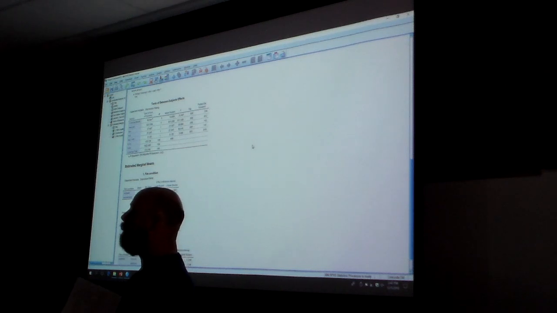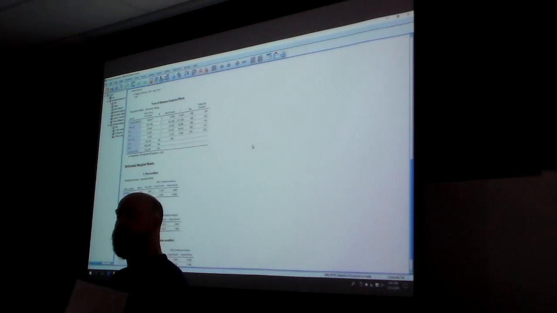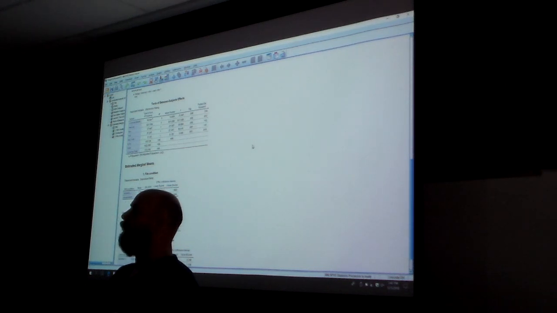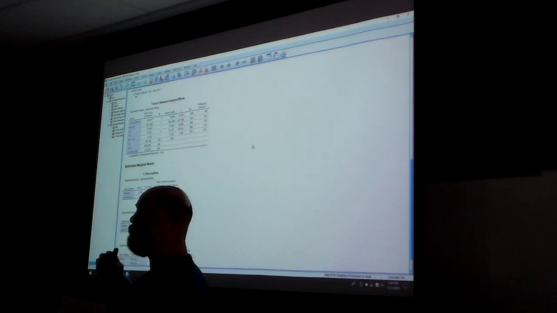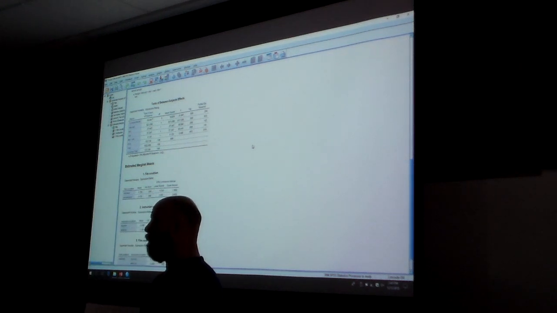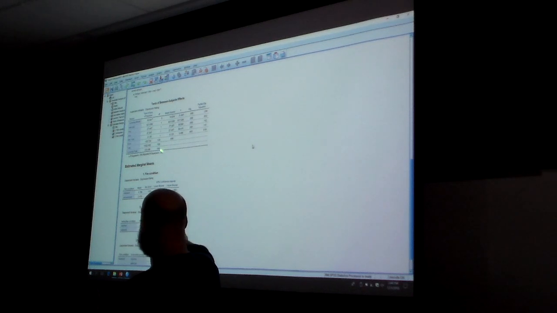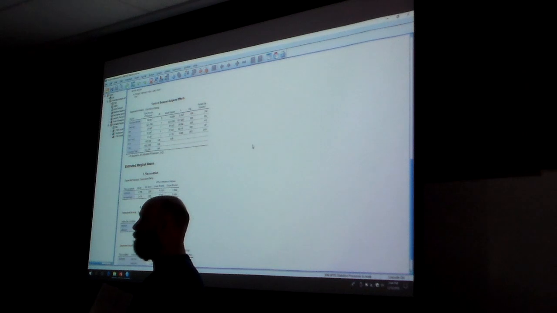SPSS is giving you some additional information that can be important for calculating some different types of subsequent analyses. But if you're looking for sum of squares components as we've put them together in the last lecture, you're looking for your effect A, effect B, your interaction, your sum of squares error, and then your corrected total is going to be the total that we've talked about. Okay?